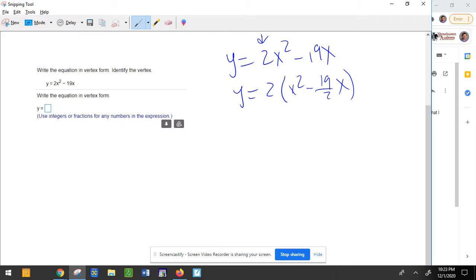Right now, when we complete the square, we're completing the square based on the 19 halves. So the first thing we're going to do is divide it by 2, so multiply it by 1/2, and you get 19 fourths. And then we're going to square it. So you're going to end up with, well, I think it's 381 over 16?